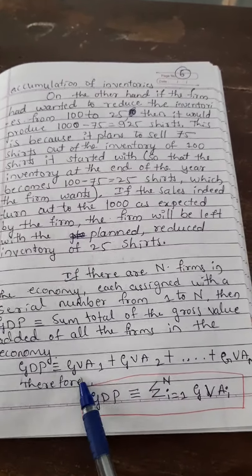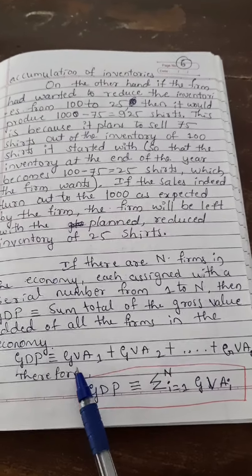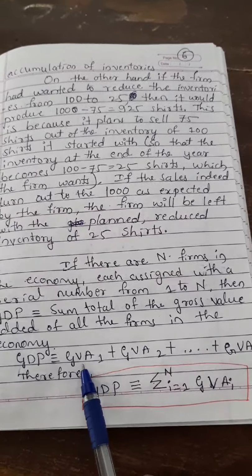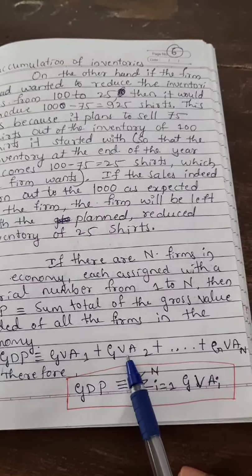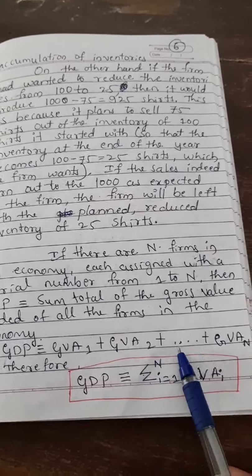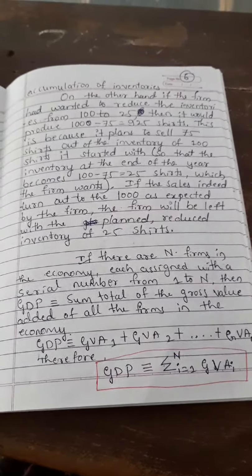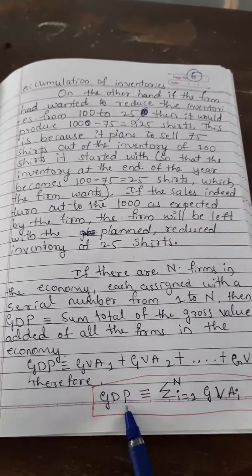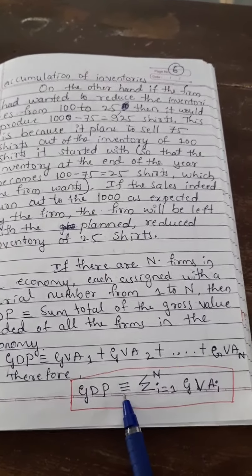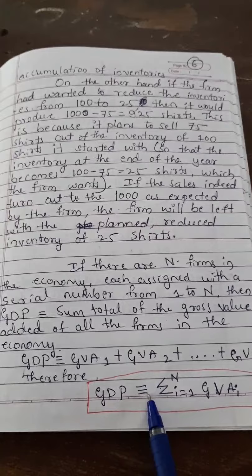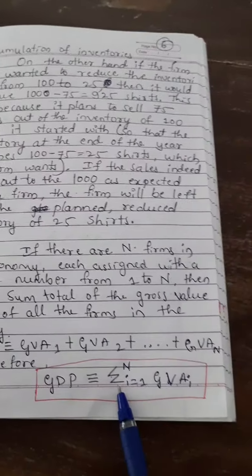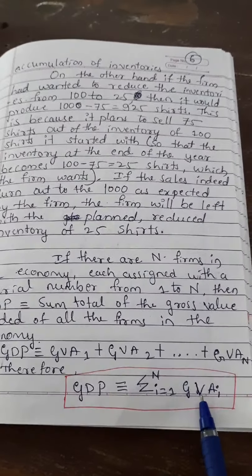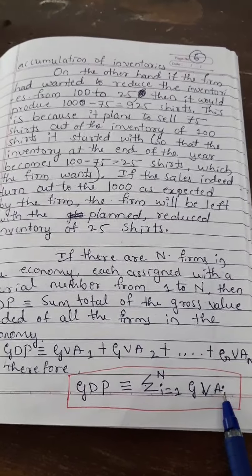GDP identity. GVA means gross value added: the gross value added of the first firm, plus gross value added of the second firm, third firm, fourth firm, and up to the nth firm. Therefore we can write the formula of the product method or value added method: GDP is identity, summation over the number of firms, GVA of firm i. Here i means the number of the firm.